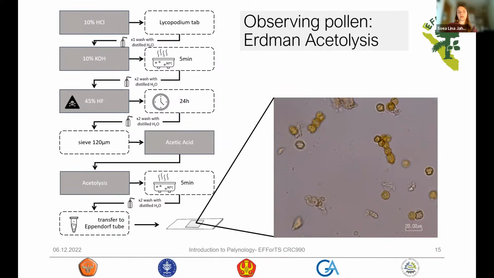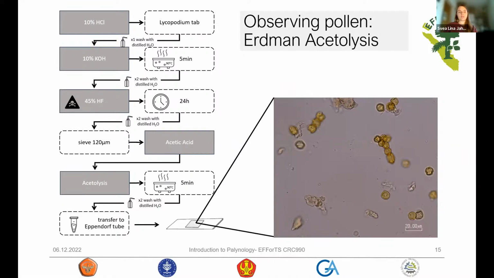Then you treat it with calcium hydroxide, which is also basically to remove organic adhesion and release, for example, sediment a little. Then we have a treatment with hydrofluoric acid.